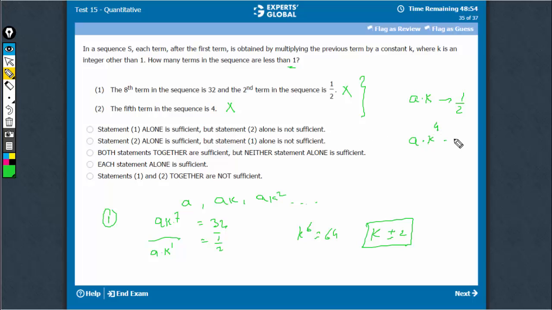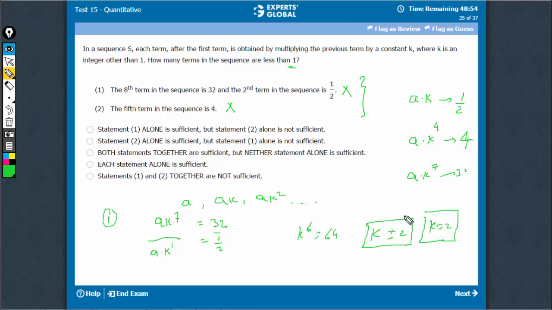So a times k raised to power 4 is also positive, and a times k raised to power 7 is positive again, 32. Since the difference is 3, if k were negative, this would no longer be positive, this would be negative. So the negative value of k can now be discarded. We know that k is equal to 2 for sure.